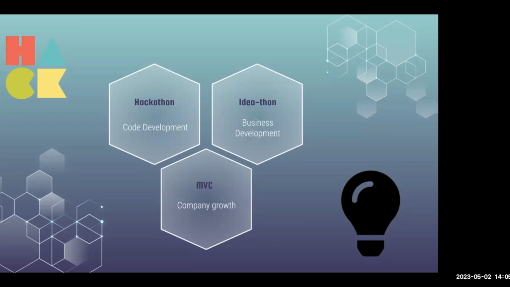Then ideathons for business development, focused on what features people would want to see in the app, so that the development team could have a better idea of what features are wanted by the public. And then minimum viable communities for company growth, to make sure the company is always growing.